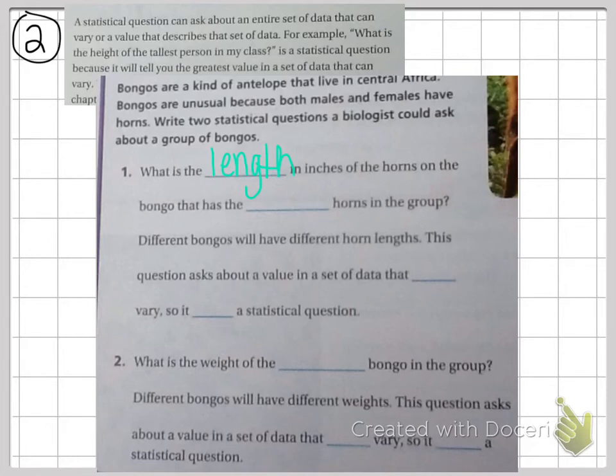We can go with longest, but shortest would also work as well because we're asking a question about a set of data of all the bongos' horn lengths. Different bongos will have different horn lengths, we know that. This question asks about a value in a set of data that can vary because these horns can be different sizes. So it is a statistical question.